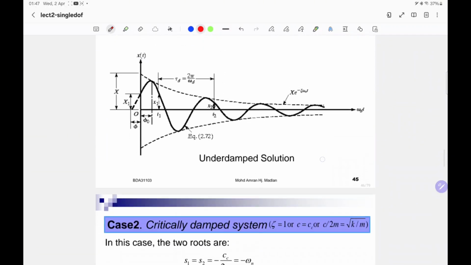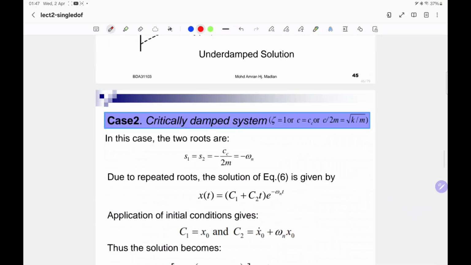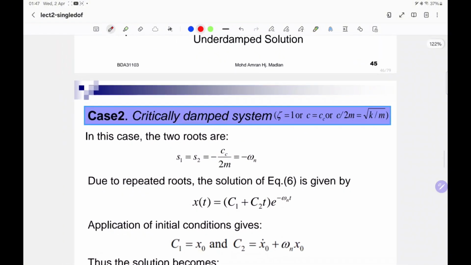We also have the critically damped system, whereby zeta equals 1, or c equals cc, because we know that zeta is c over cc. Therefore, if zeta equals 1, then c equals cc.